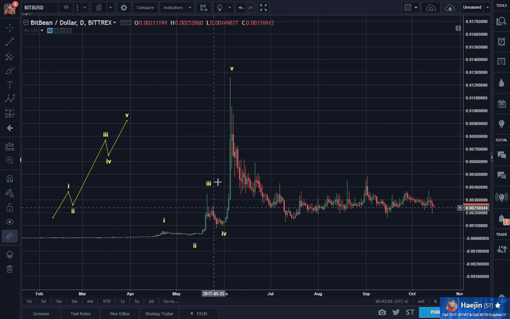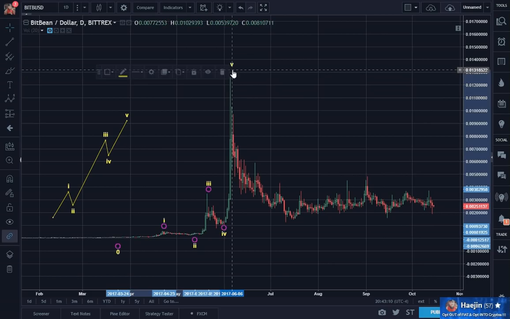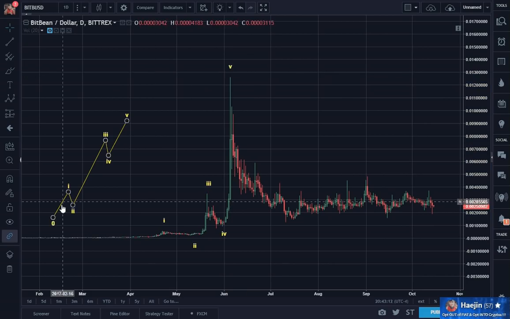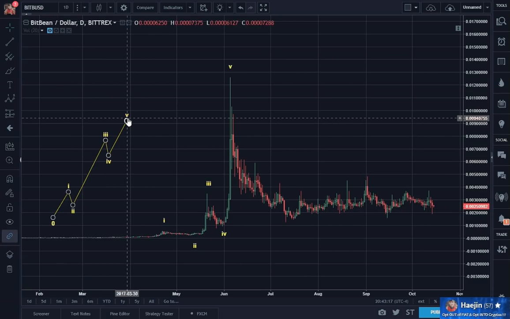And sure enough, look at this. I just charted 5 waves in this price chart. Now, Elliott wave also states that everything has a system and structure.